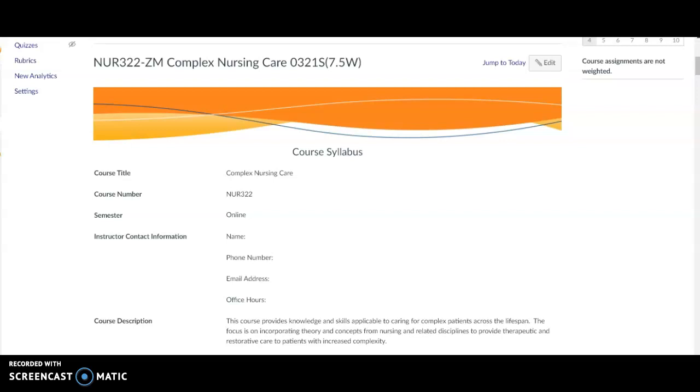Because it builds on your knowledge from these other two classes, you will increase in your critical thinking skills, and especially if you are interactive on the discussion threads, that is a great place to learn more and gather more information. So this is the name of the course and this is the syllabus.